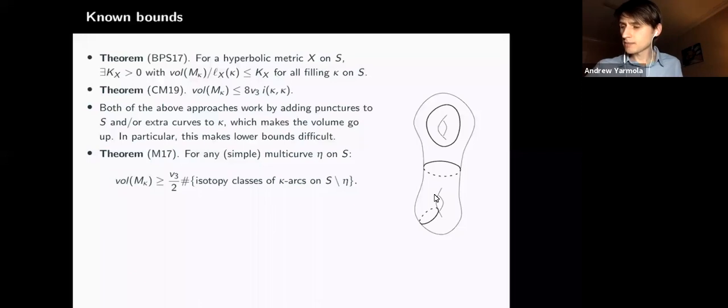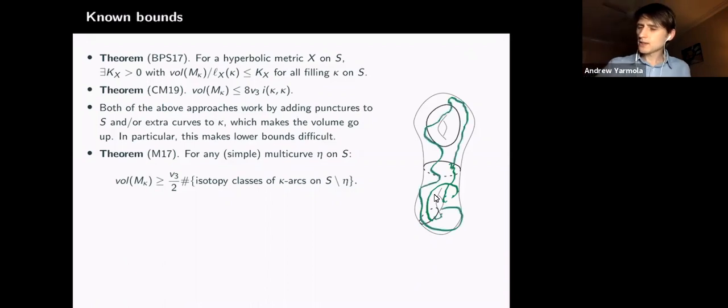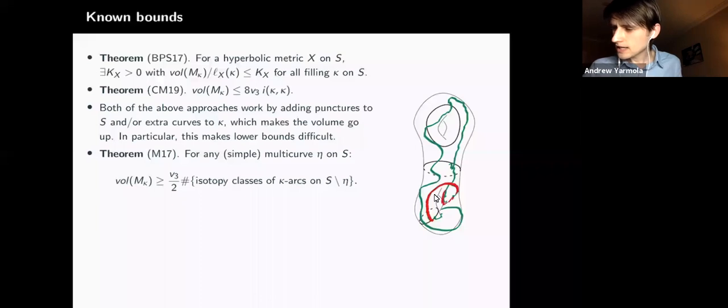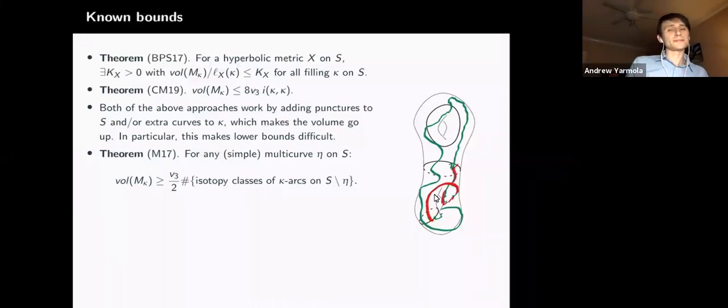So kappa could be some quite interesting looking curve on your surface, but it might have some fairly innocuous isotopic classes of arcs that live inside of your pants decomposition. So maybe kappa does something like this, right? And so you just look at the isotopic classes of arcs that you do get, and the number of those gives you a lower bound.